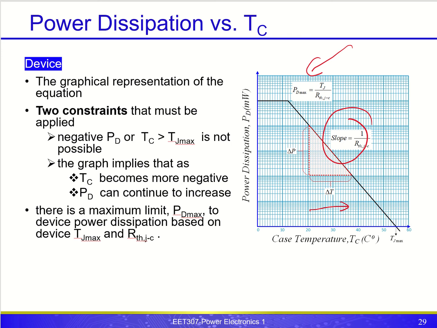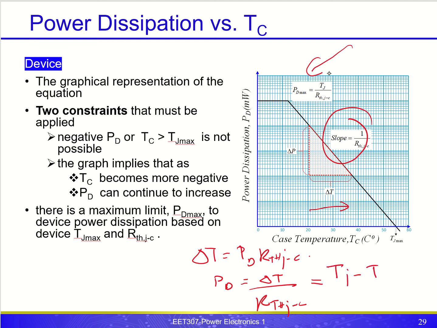So how does it work? The temperature difference is equal to PD times RTH JC. So the value of PD is the temperature difference over RTH JC, and the temperature difference is equal to TJ minus TC, over RTH JC.